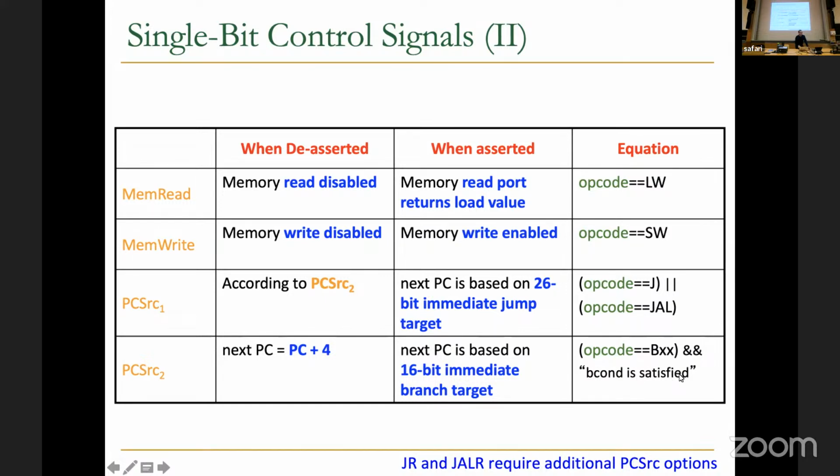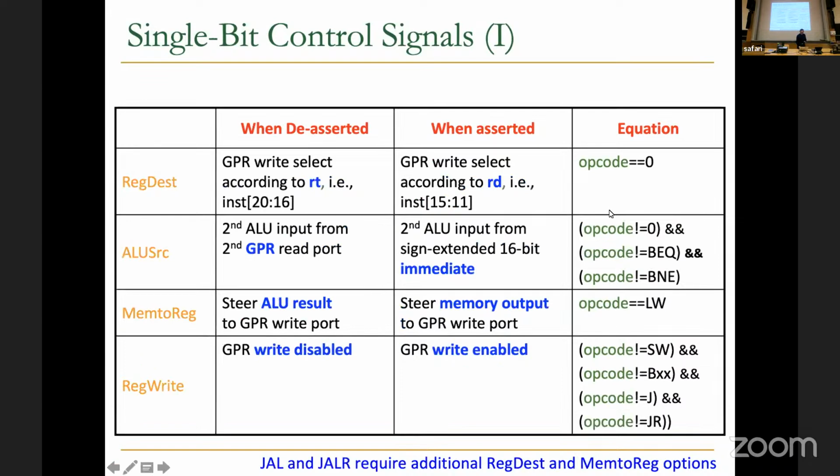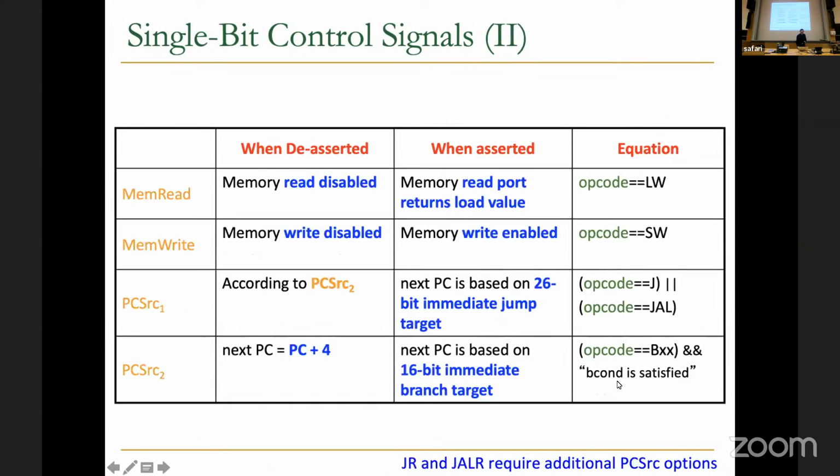Now you can see that the branch condition being satisfied is coming from the data path. That's not a function of opcode. Every other signal is a function of the opcode, except branch condition is satisfied, because you cannot make that decision just by looking at the opcode, because the outcome is conditional upon the data. Okay, simple, right?